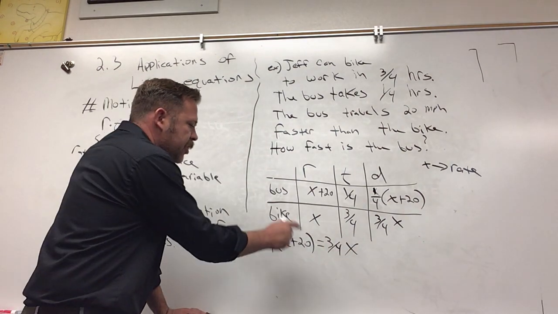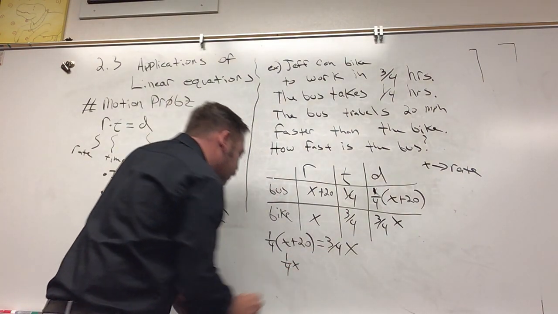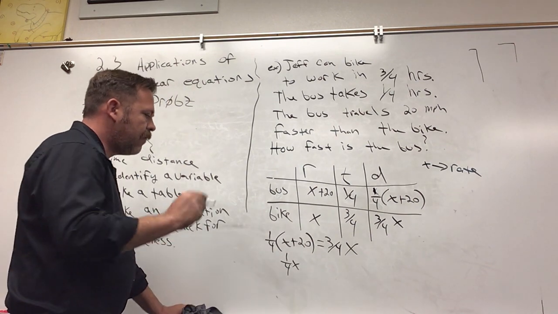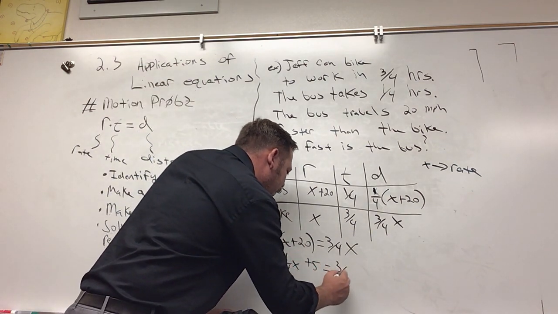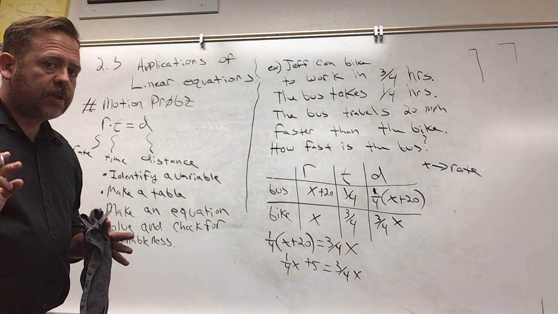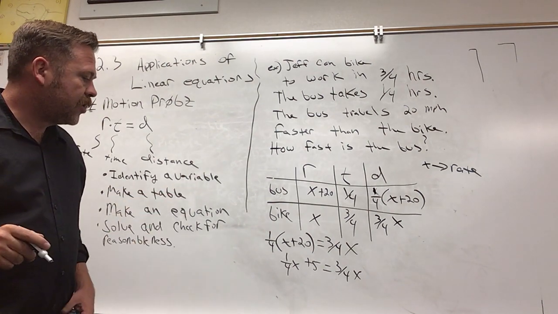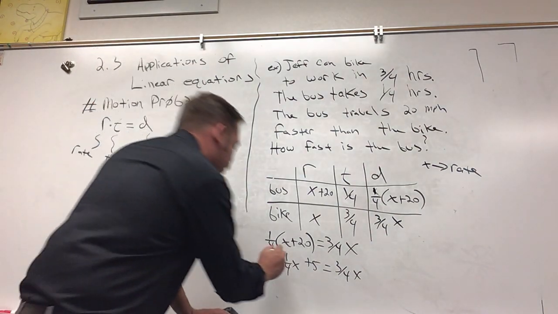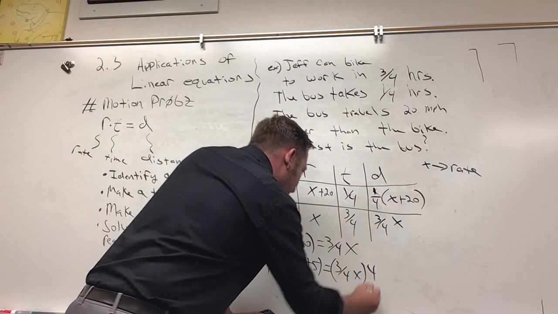And now I'm gonna distribute the 1/4 here. So I get 1/4 x, and 1/4 times 20 is 20 over 4, which is plus 5, equals 3/4 x. Now I want to clear fractions. What's the lowest common denominator that I can multiply by to clear all the fractions on both sides? Yep, it's 4. So I'm going to multiply this side by 4 and this side by 4.